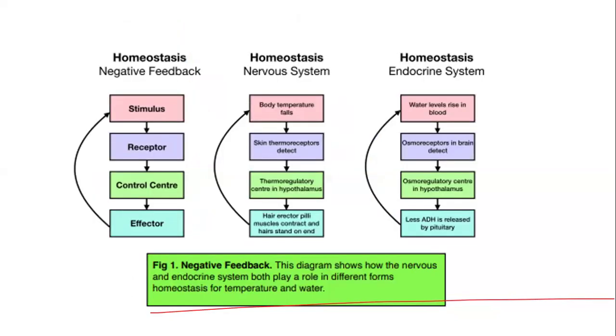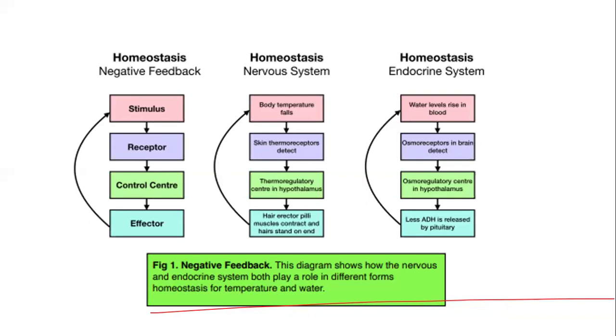So these are two negative feedback loops. One is nervous and the other one is endocrine. Remember I told you negative feedback may happen using the nervous pathway or the endocrine pathway. But in all of them, you can see the components we talked about.